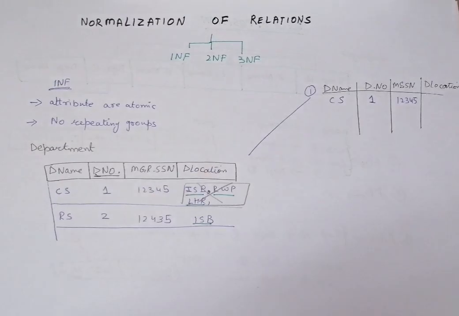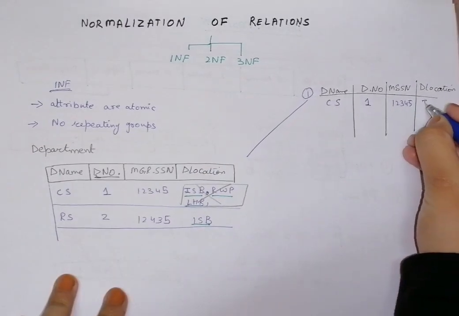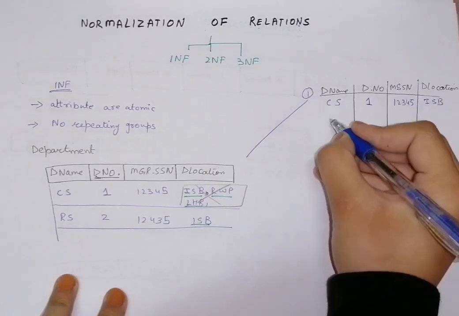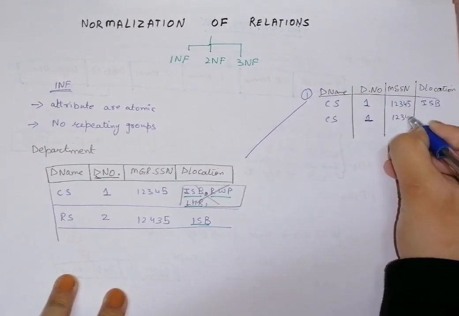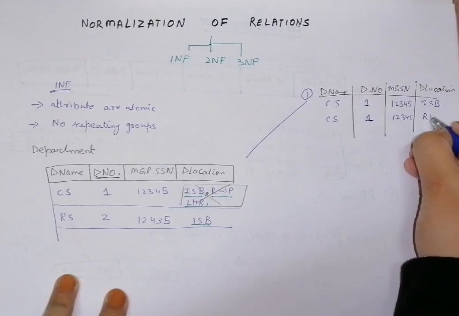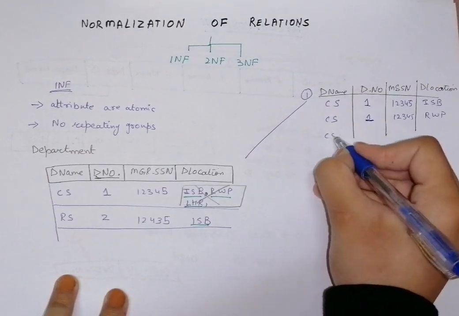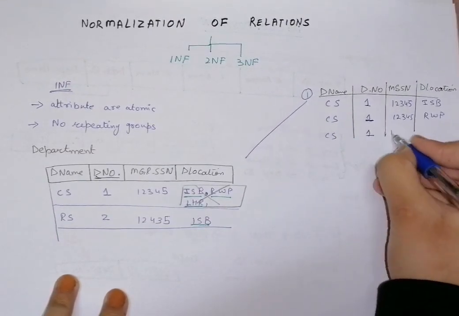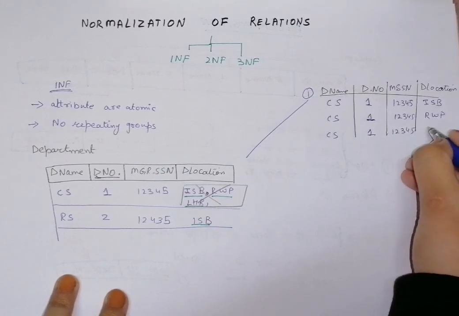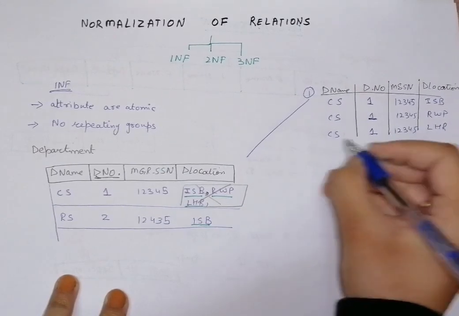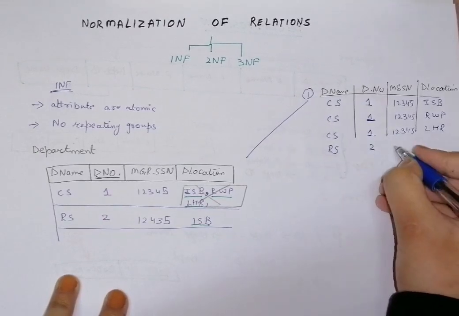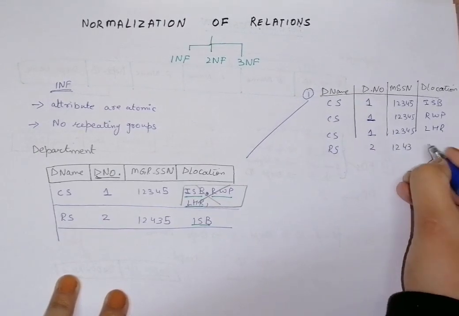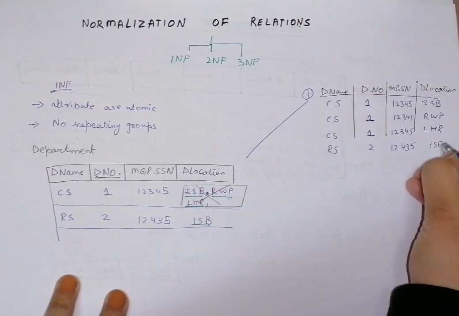If I split it, ISB, and then again repeat it with 1 2 3 4 5, since this department appears in 3 locations, I'll repeat this record 3 times. My second record is RS, department number 2, manager SSN 1 2 4 3 5, and it appears only once.